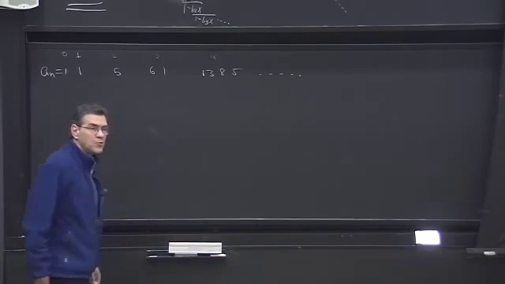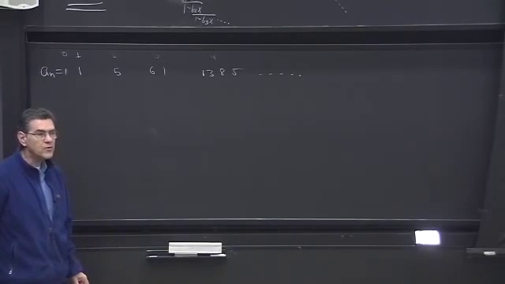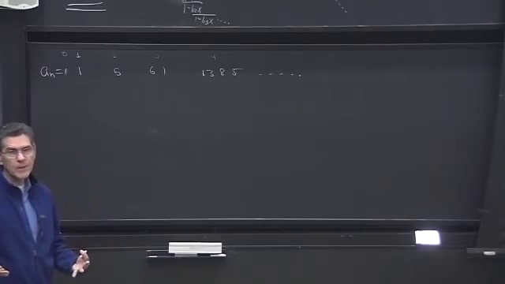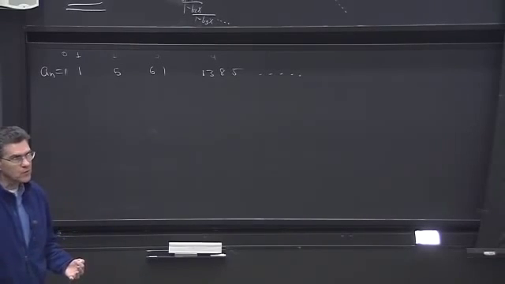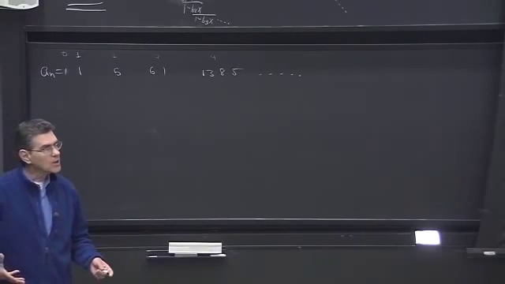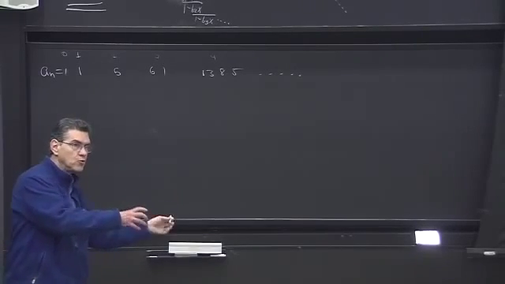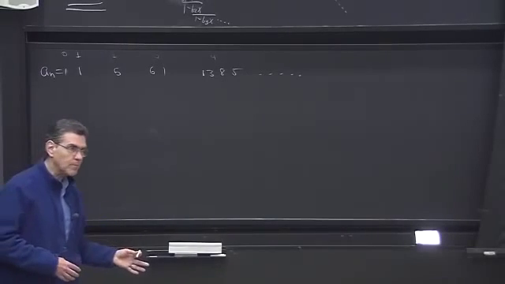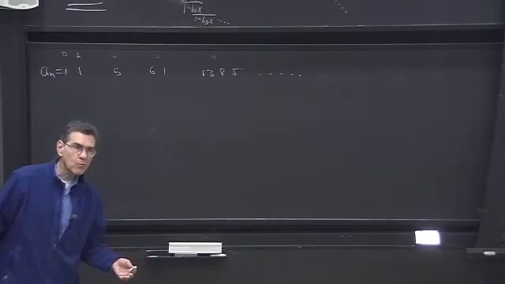Now, to solve this problem, what I'm going to do is invent a transform. It's a little bit like the Fourier transform. When you solve a problem using a Fourier transform, you begin with a problem, you transform it to another problem, you solve that problem, and then you transform back again. And that's exactly what we're going to do here.